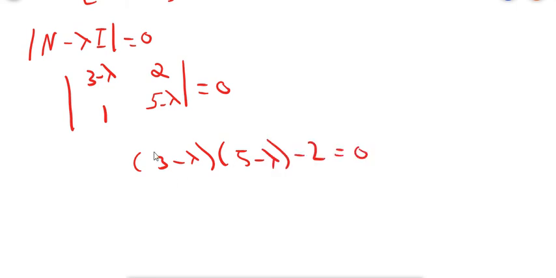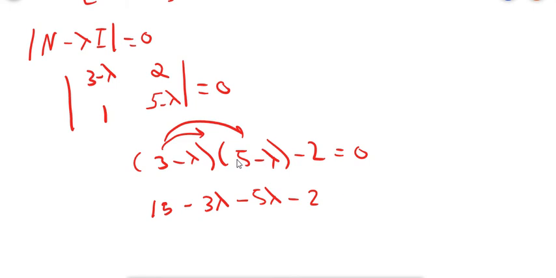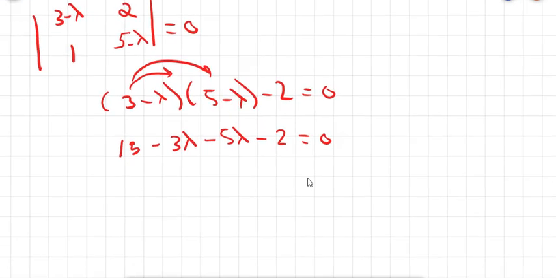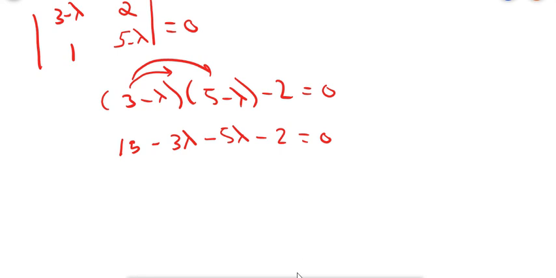Now let me expand the brackets. 3 multiplied by 5 is 15, minus 3 lambda, minus 5 lambda, plus lambda square, minus 2 is equal to 0.